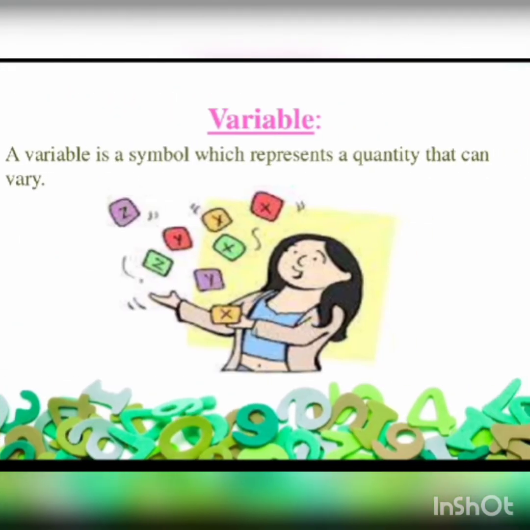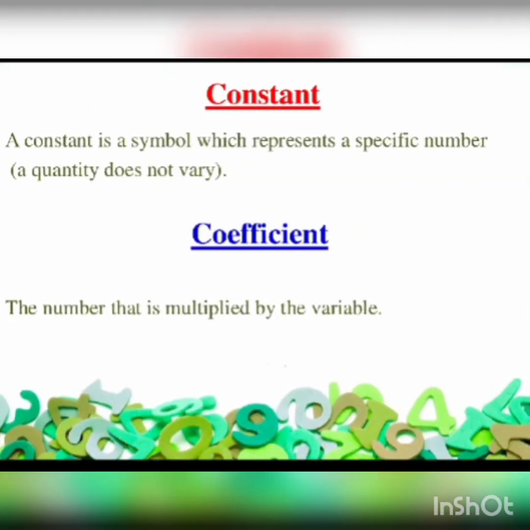Now a variable is a symbol which represents a quantity that can vary. There are so many variables, usually x being the most popular one. And a constant is a symbol which represents a specific number, a quantity that does not change.